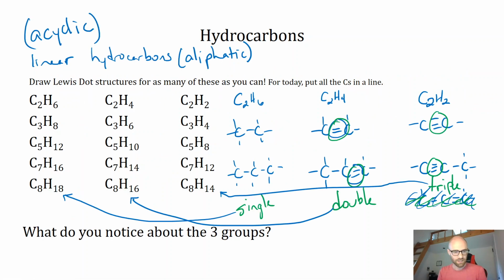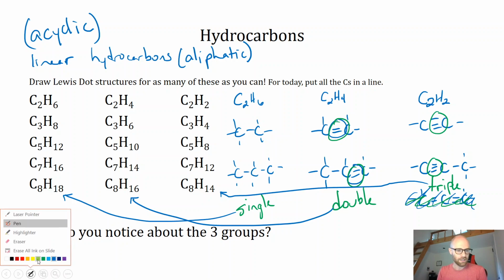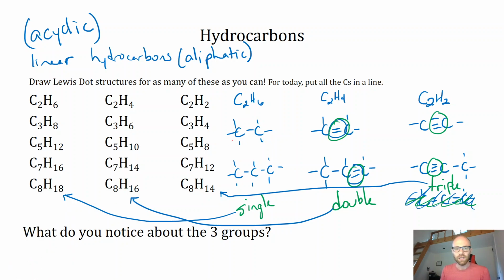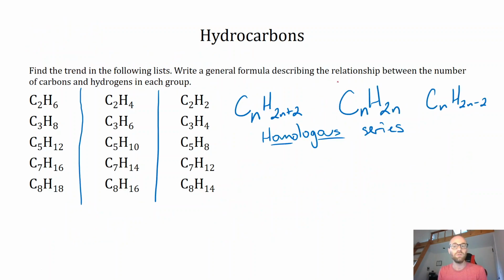You may have noticed that to turn the first column into the second column, by adding the double bond you have to remove 2 hydrogens. Adding a triple bond from a double bond, you have to remove 2 more hydrogens. Going from the single bond to the triple bond, you remove 4 hydrogens. And that's where the general formulas of 2N plus 2, 2N, and 2N minus 2 come from, for each double bond that gets added.